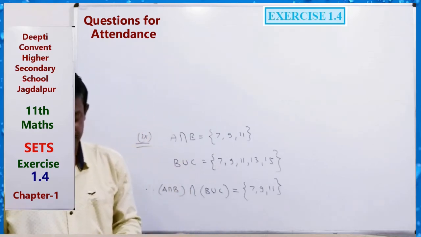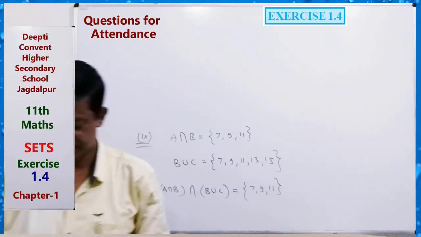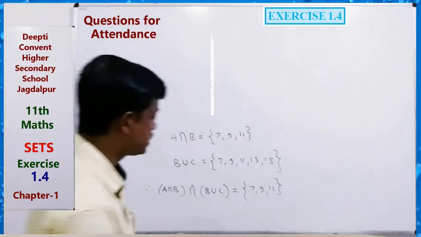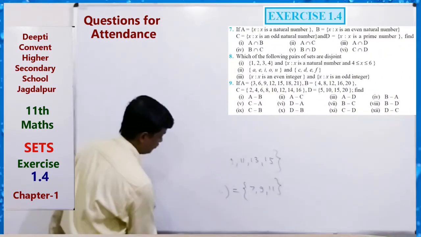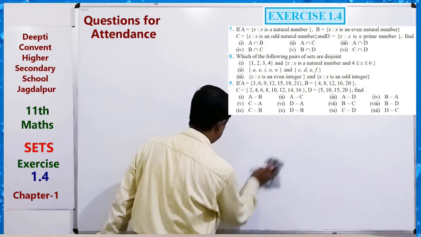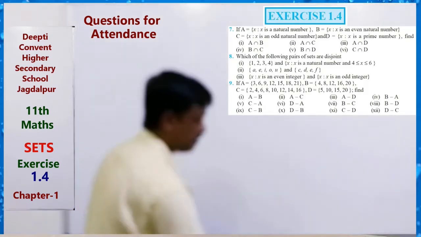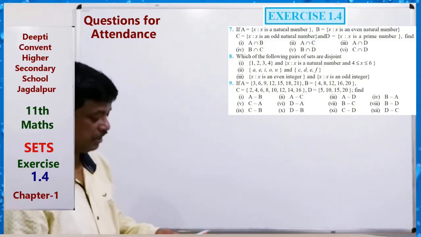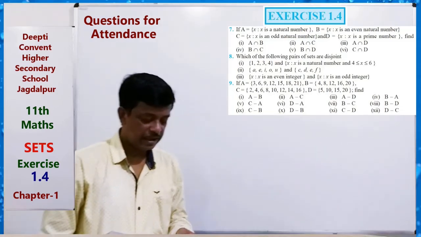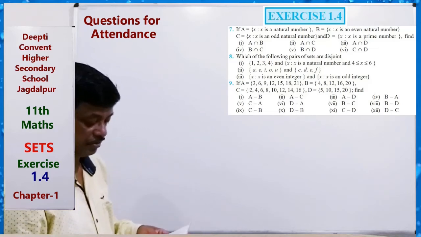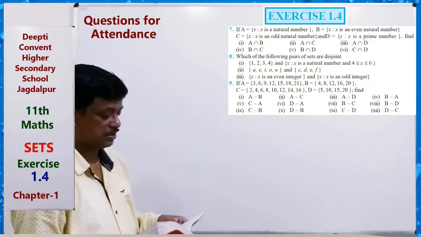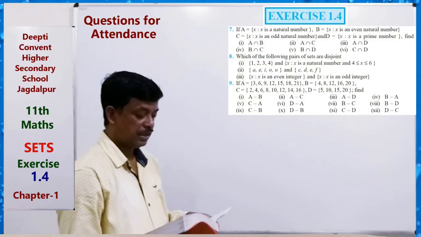Now take question 7. Question 7 is given in set builder form. A equals x such that x is a natural number, B is x such that x is an even natural number, C is x such that x is an odd natural number, and D is x such that x is a prime number.